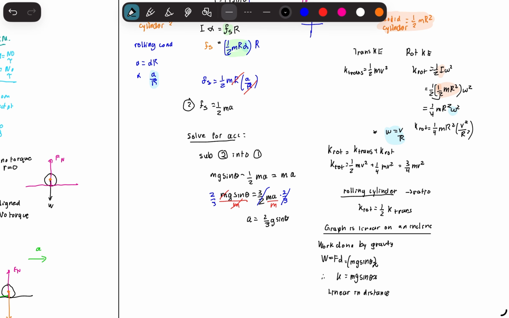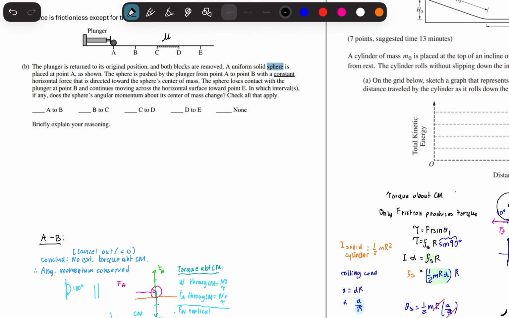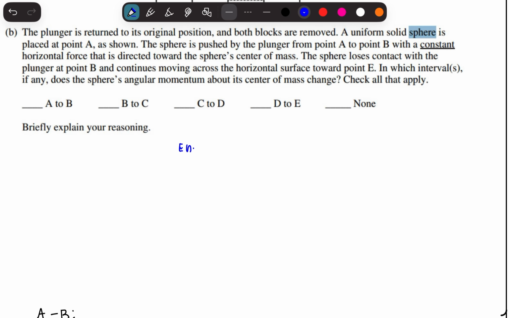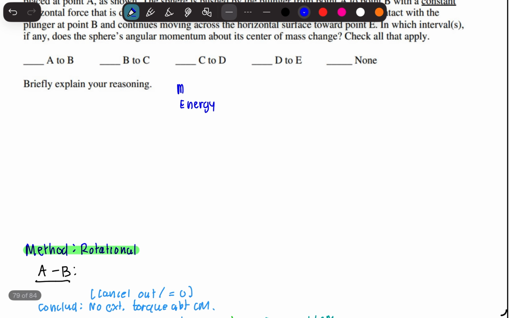So for the first part, for our first FRQ, by doing this with energy, this is the rotational method, and this is the method of using energy.